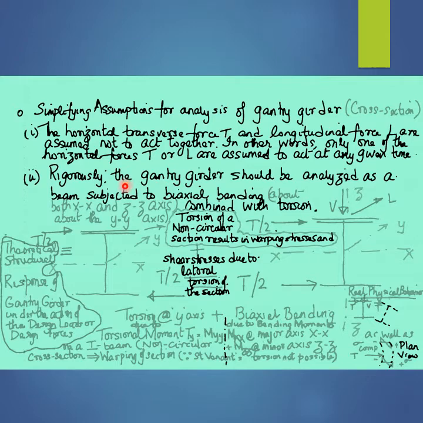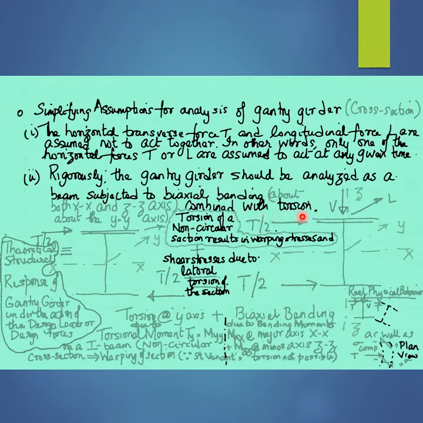Therefore, rigorously, the gantry girder cross section or the steel crane girder cross section is subjected to biaxial bending, that is bending about the major axis X as well as bending about the minor axis Z, combined with torsion.